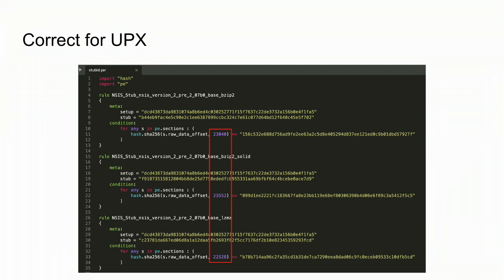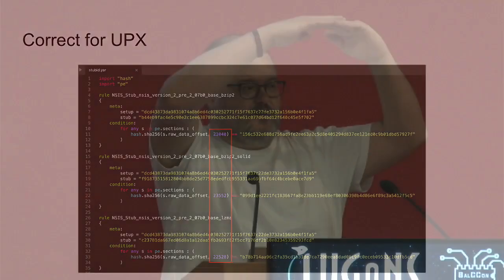The reason for this is that with UPX, it starts with a big empty section where it will write the executable code, but it's empty and it's actually compressed in a different section. So this works only after you've run the UPX unpacking code, and then you can get the section size of the NSIS code.